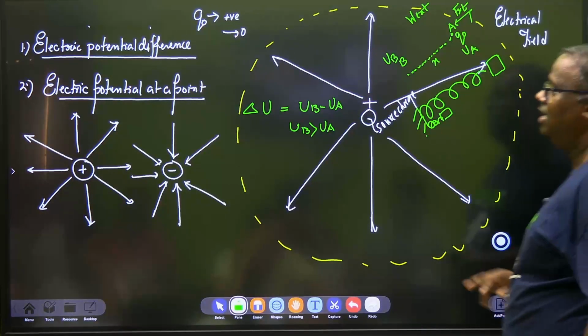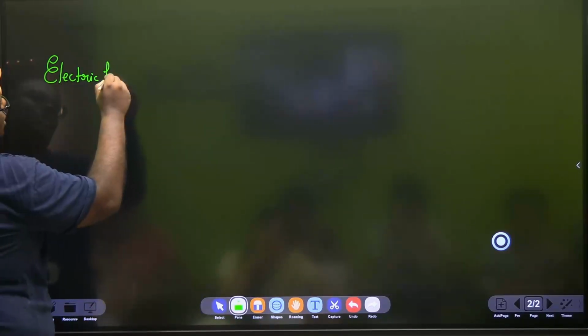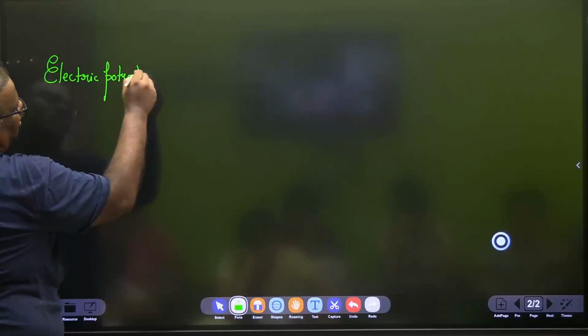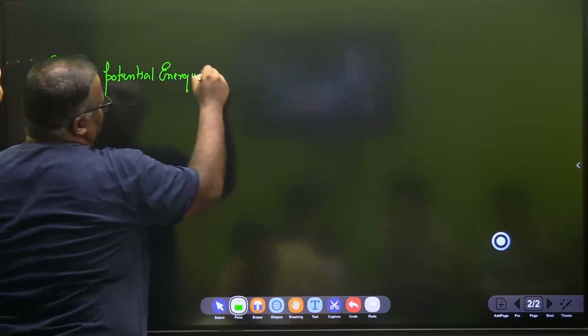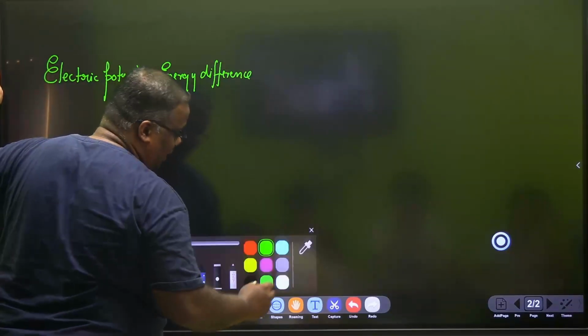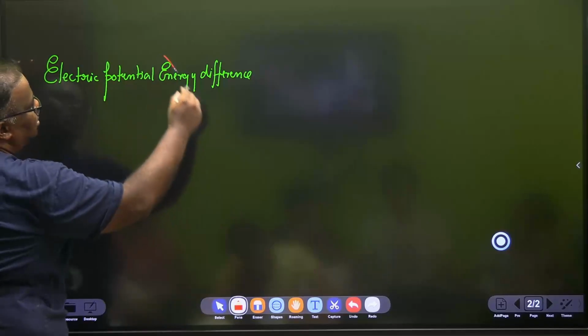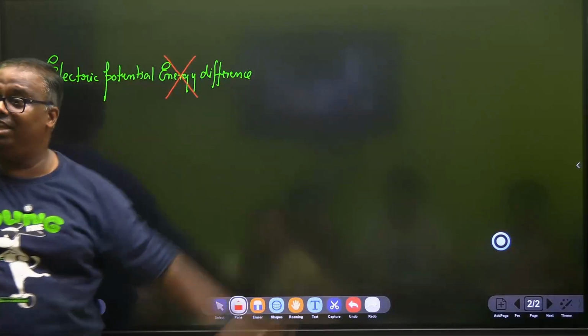Okay? Tell me now, at this stage, you understand something which is known as electric potential energy difference. This you have understood. Your grade 10 topic talks about electric potential difference, but you have understood electric potential energy difference.